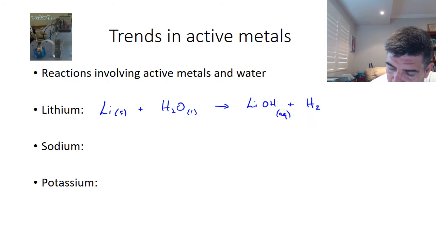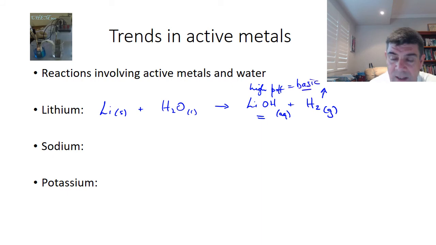The lithium hydroxide is soluble, and the hydrogen gas obviously is a gas, so it will escape. Now, one of the important things about the salt that's formed here, the lithium hydroxide, is that it has a high pH. It is basic. High pH is basic, and therefore we can detect that this is occurring simply by adding a little universal indicator and watching the color change to a nice rich purple color.